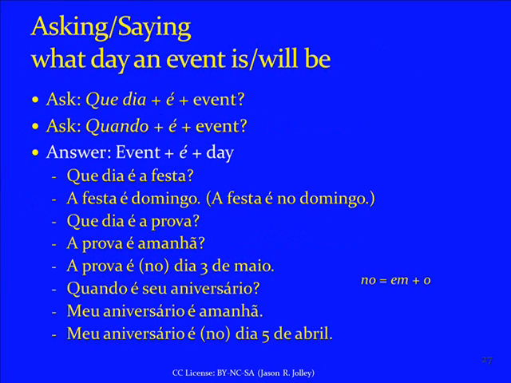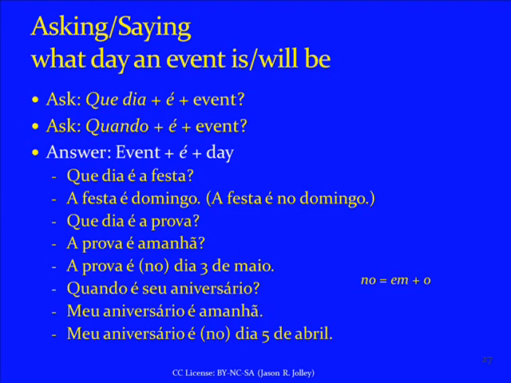Okay, now let's finish up this presentation with one more question and answer structure, right? One more way that you can talk about when things are going to happen. In this case, it's asking or saying what day or when an event will be held. So I have a couple of different question forms you can use. Que dia é, and then the event, or quando é, plus the event.